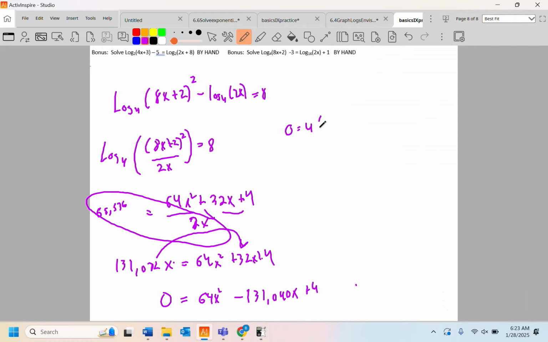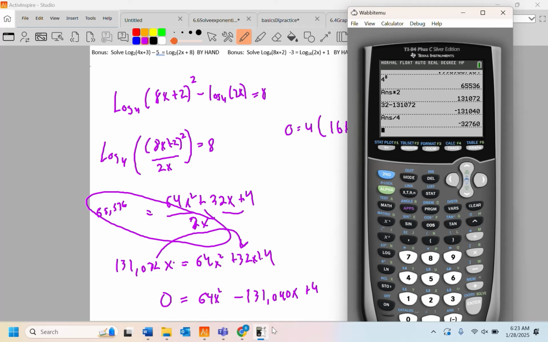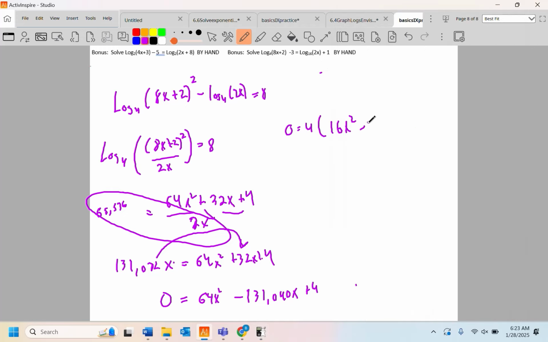0 equals 4 times 16x squared minus whatever that number was, 32,760x, and then plus 1. Now, this thing is not going to factor. It does have real answers, though, which is kind of cool.